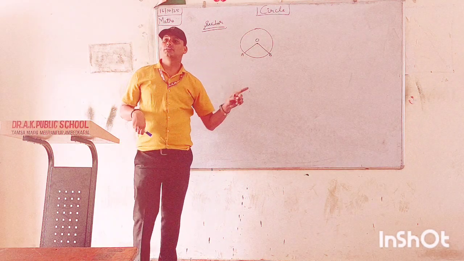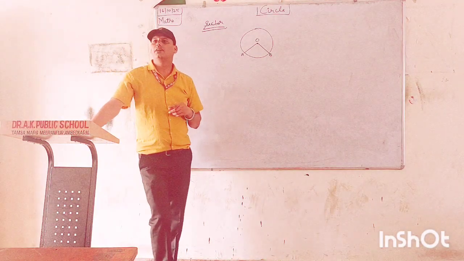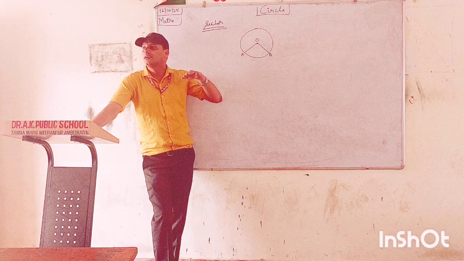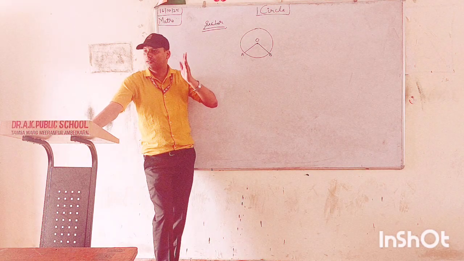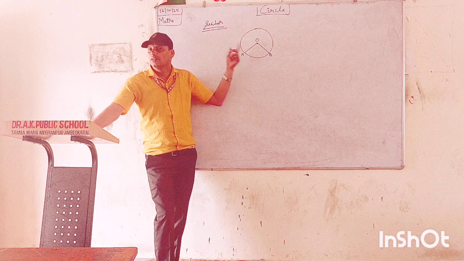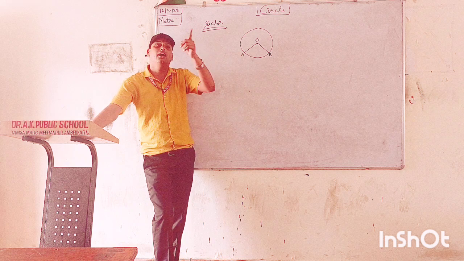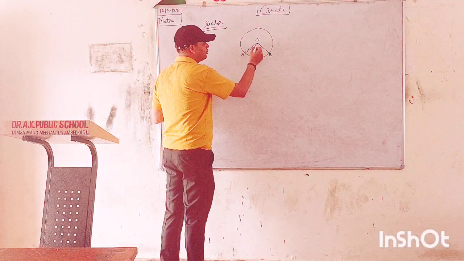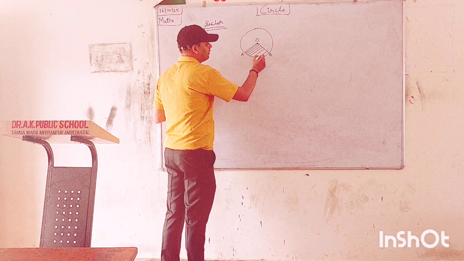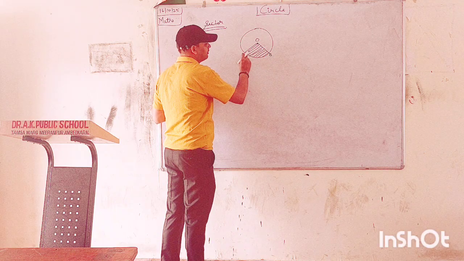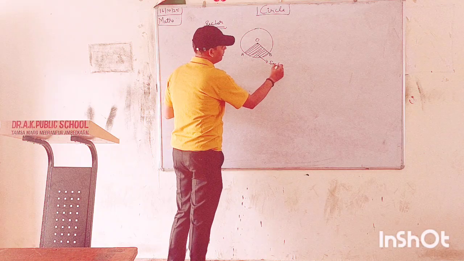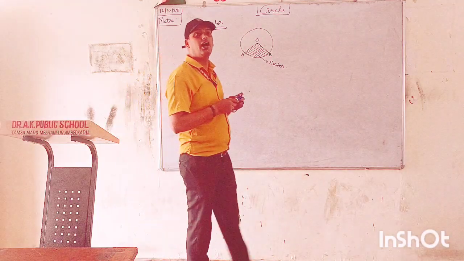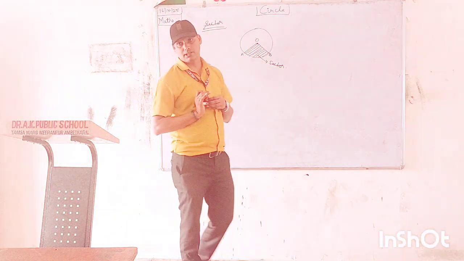So the region lying between two radius and the arc of the circle is known as the sector of the circle. This portion is the sector of the circle. Okay? This is your sector. The region lying between two radius and the arc of the circle is known as the sector of the circle. Clear?